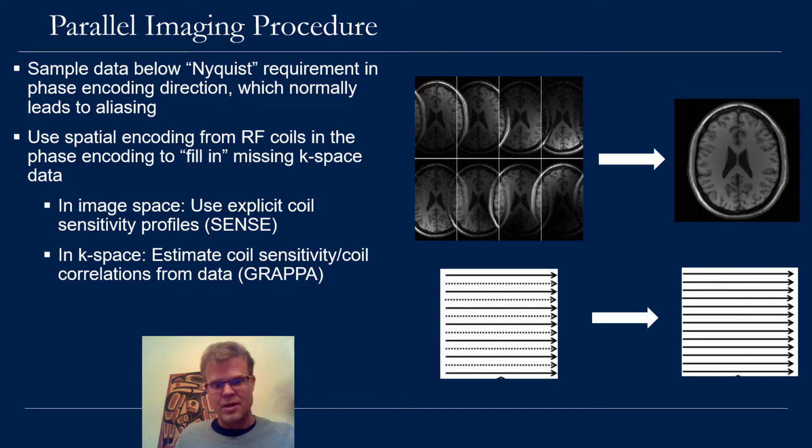And then there's another popular approach, commonly called GRAPPA, where we're going to perform the reconstruction, filling in the missing data, in k-space, and we're going to use the data itself to estimate the coil sensitivity, or more accurately, the coil correlations, to fill in the missing data. Okay, and we'll go through both of these techniques here.